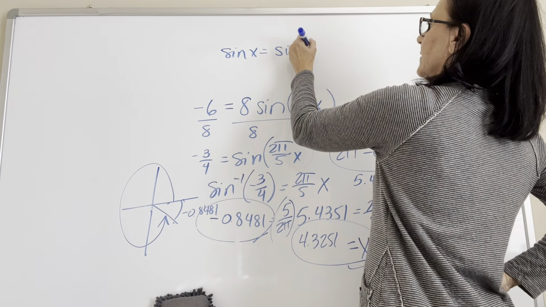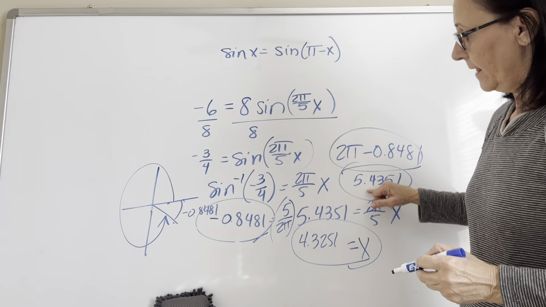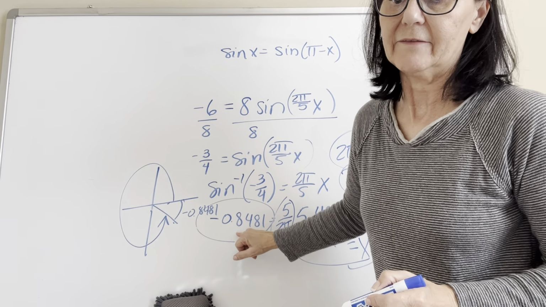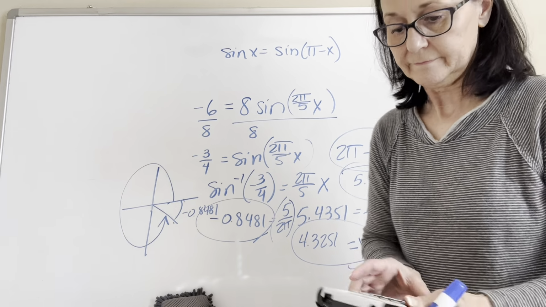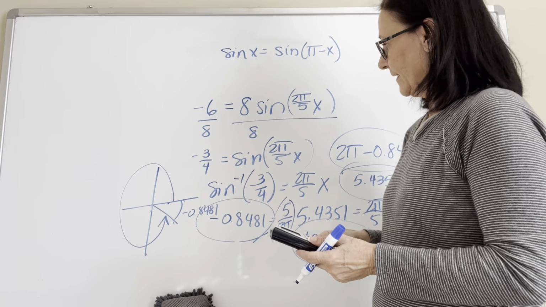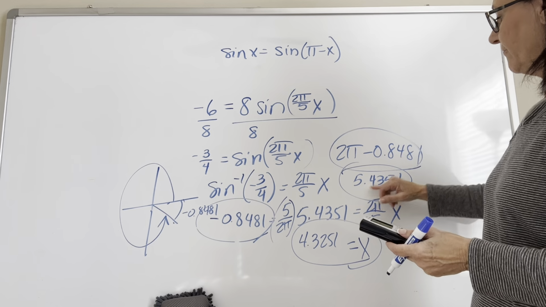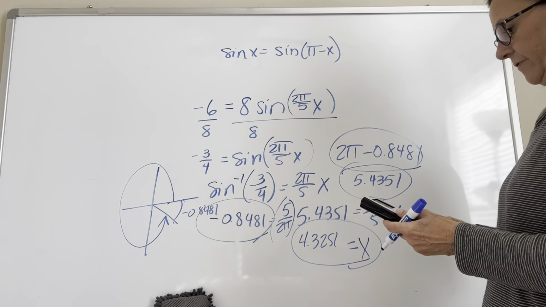So I've got this value, 5.431 positive. All right, so in the third quadrant, I'm going to do pi minus that value. Actually, I'm going to take this value and take pi away from it.